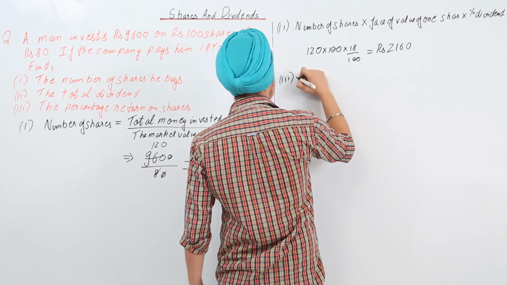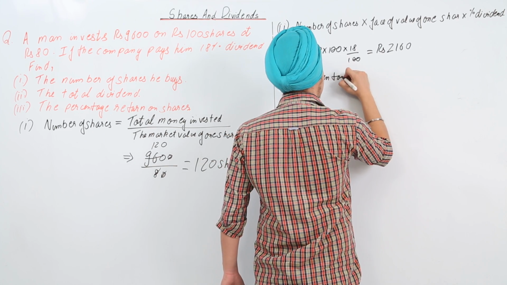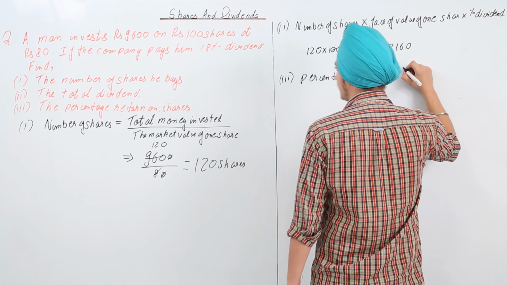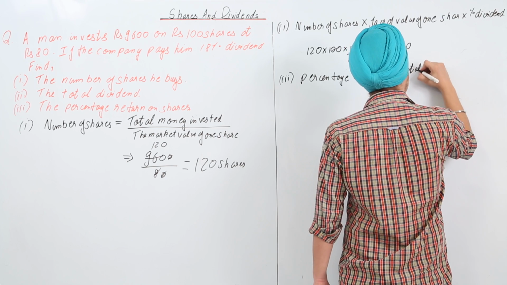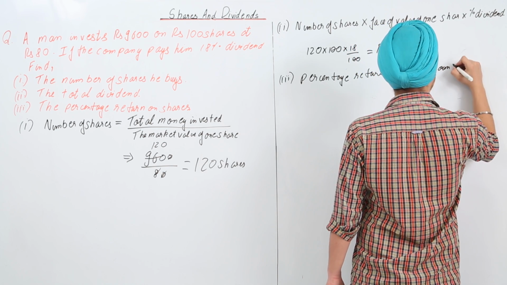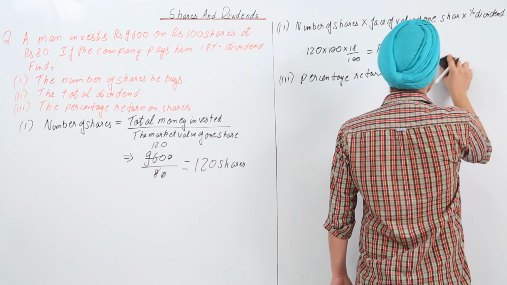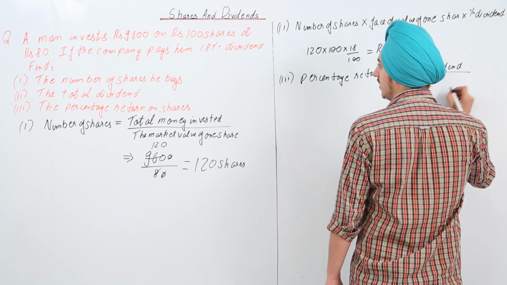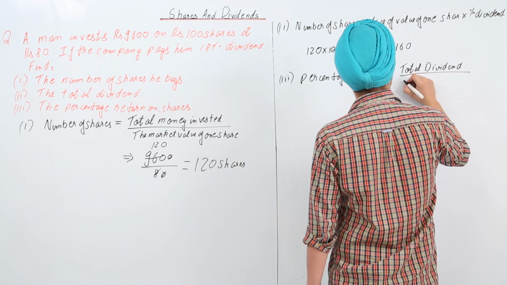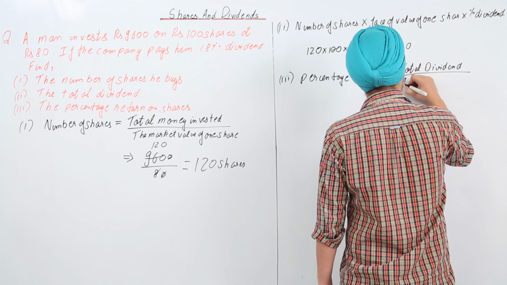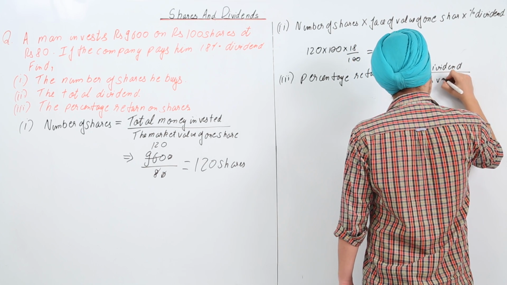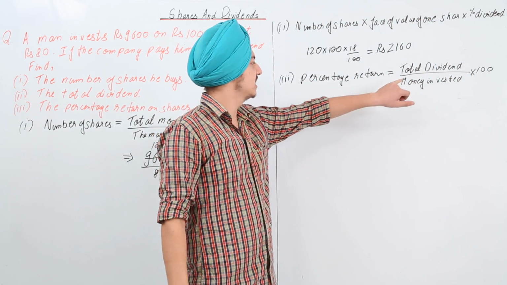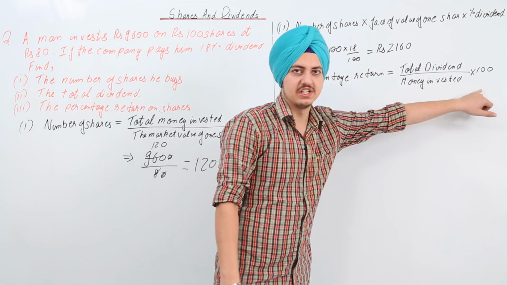So the percentage return is equal to total dividend upon the money invested into 100.